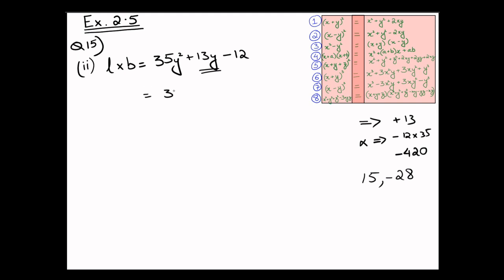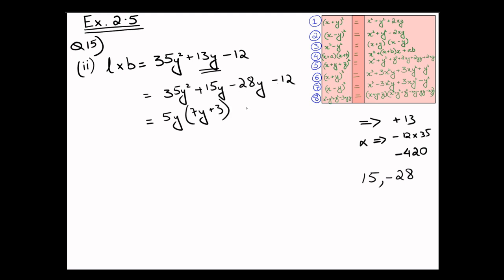So we factorize this as 35y square plus 15y minus 28y minus 12. I split the middle term like this. From the first two terms, I take 5y as common. I'm left with 7y plus 3.